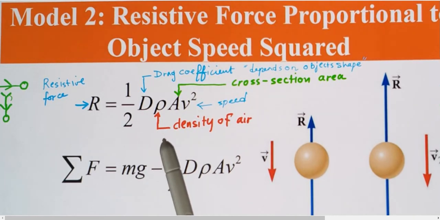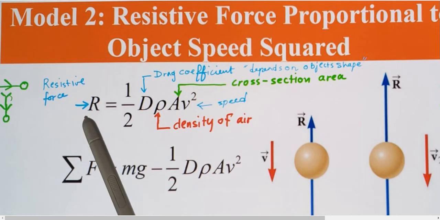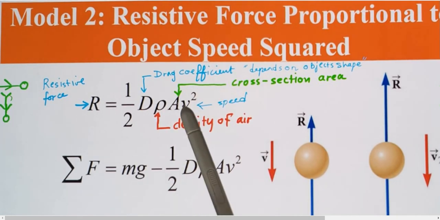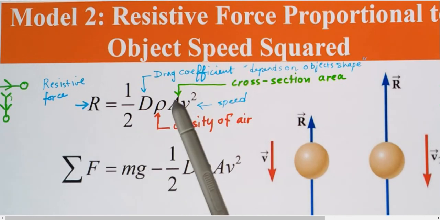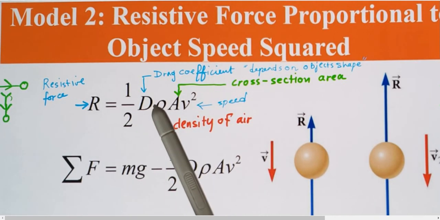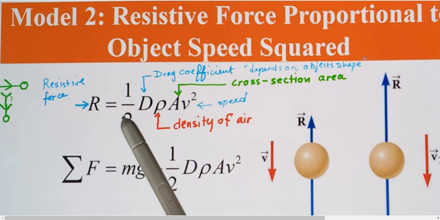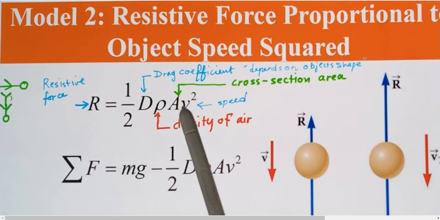Because the resistive force will go as V squared, not as V. So it's not linear. Consumption of fuel is not linear. In the car, it depends on V squared. And I'm sure all of you realize that when you go faster in your car, you will consume more gasoline.